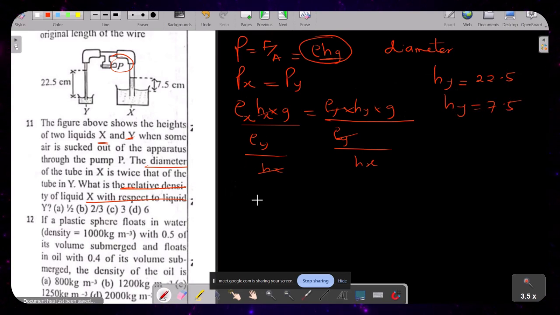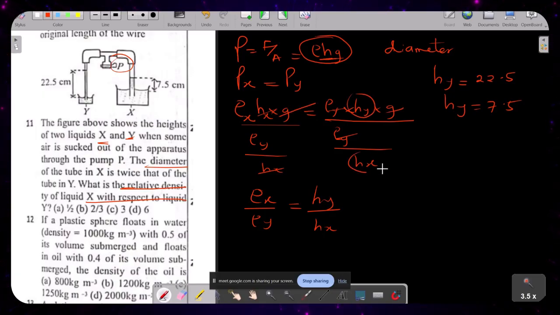So density of X to density of Y is height of Y over height of X, because the g cancels on both sides. That is 22.5 over 7.5.